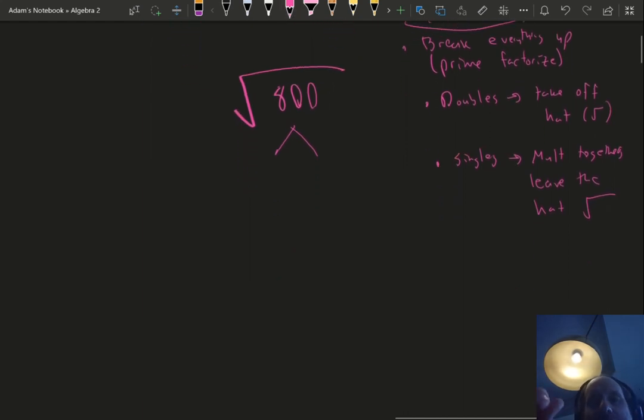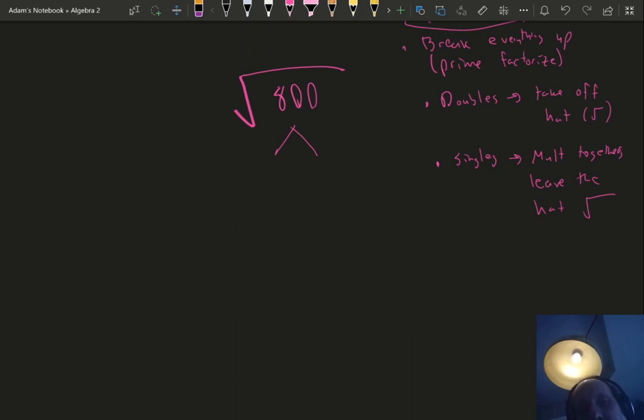I'm trying to think of any two numbers that multiply to be 800. First thing that comes to my mind is root 8 and root 100. Actually, this is the easy way to do it. Let's say you couldn't think of 8 and 100.